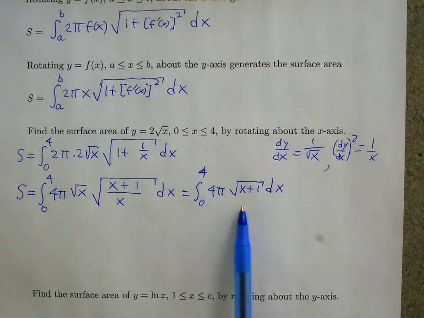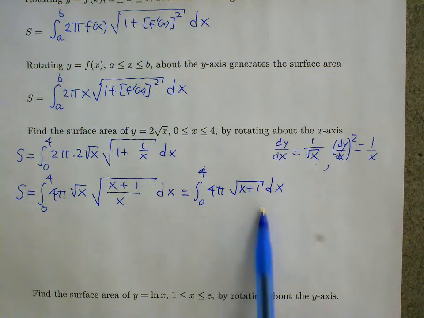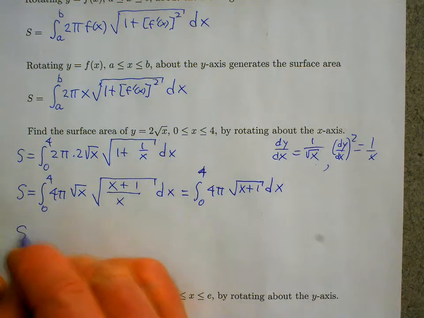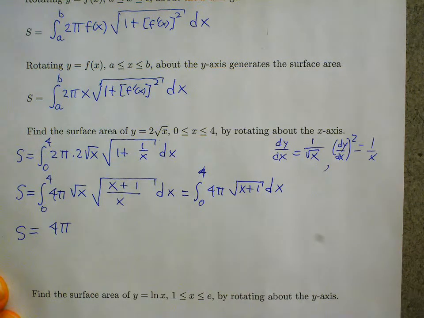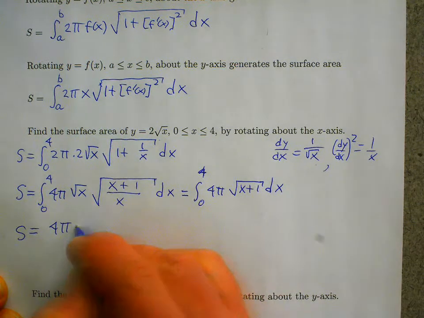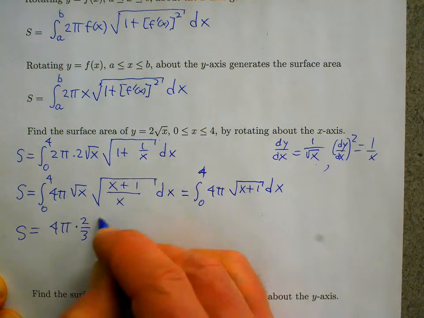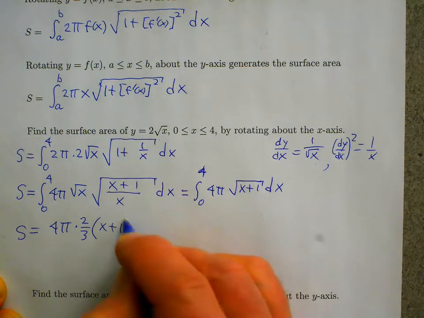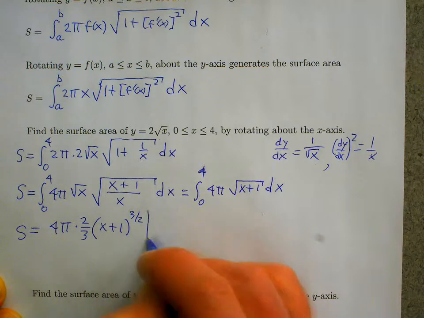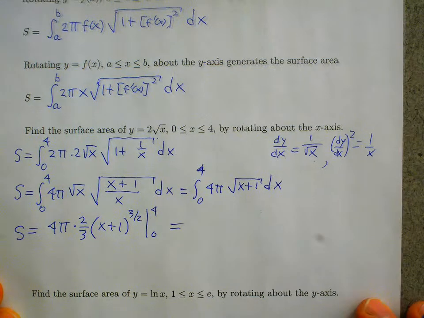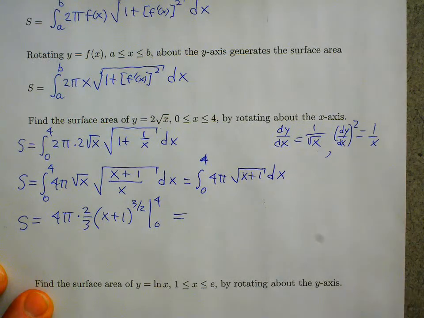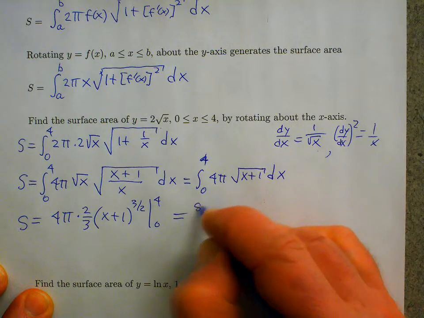An antiderivative of the square root of x plus 1 is (x plus 1) to the 3 halves divided by 3 halves. If you divide by 3 halves, that's equivalent to multiplying by 2/3. Okay, so 4 pi times 2/3 is 8 pi over 3.